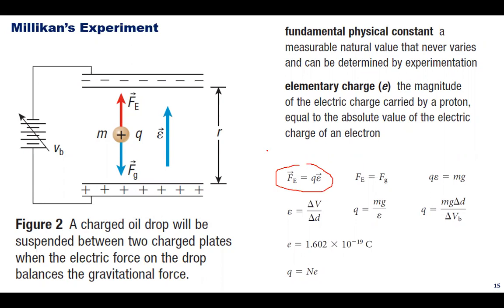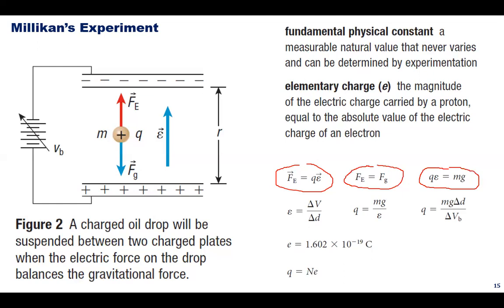We can then carefully adjust the potential difference so that the falling drop comes to rest between the plates. When this happens, the electric force balances the gravitational force. The magnitudes will be equal, which is denoted by this equation: electric force equals gravitational force, Fe equals Fg, which means q epsilon should equal mg, right?